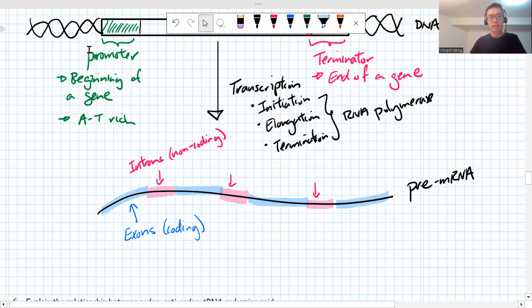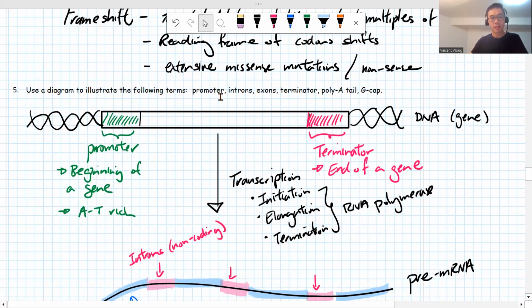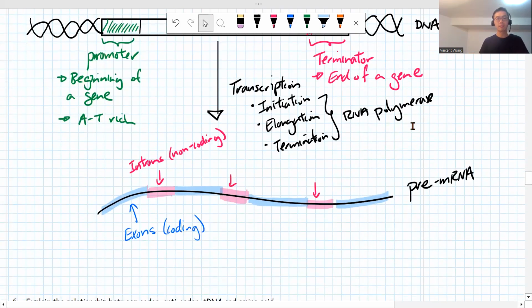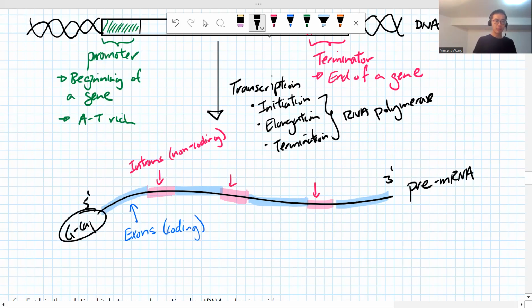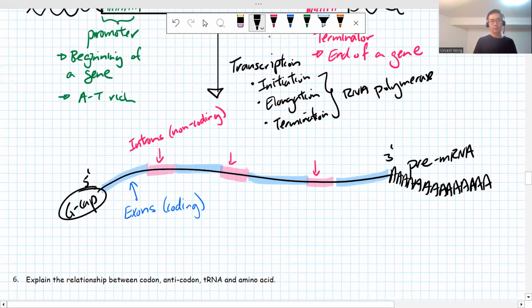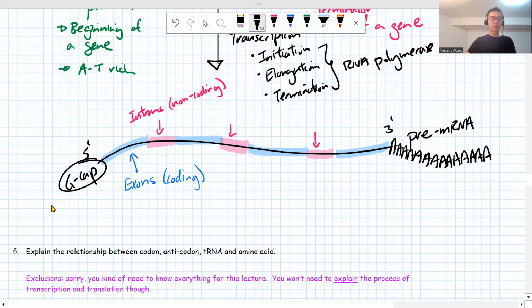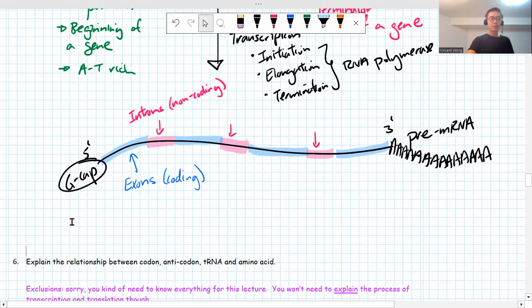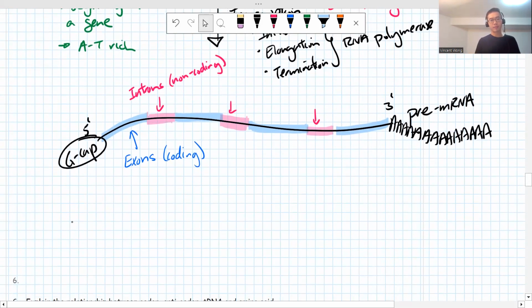Okay. So the question is asking us to explain intron, exons, terminator, promoter, and then the poly A and the G prime cap. Okay. So this is 5' to 3'. To stabilize the structure, you would add a G prime cap over here, G cap, and then we would add a poly A tail, right? This would increase the stability of the RNA transcript, so it can stay in the cytoplasm for longer periods of time.